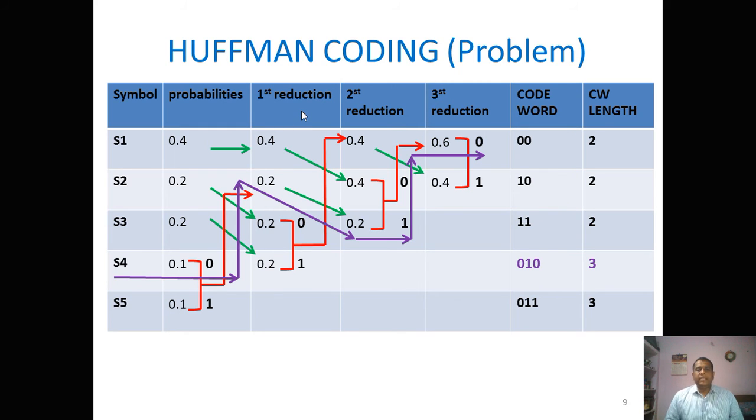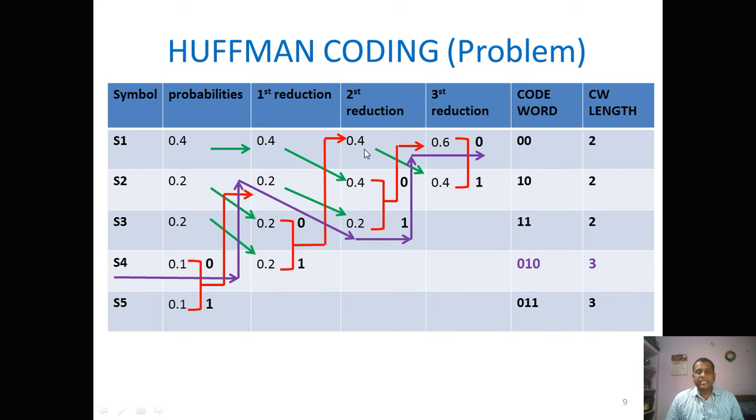Now the existing first stage reduction is taken and the last two probability values are combined. So 0.2 and 0.2 generate a summed probability value of 0.4. This forms the second stage of reduction.